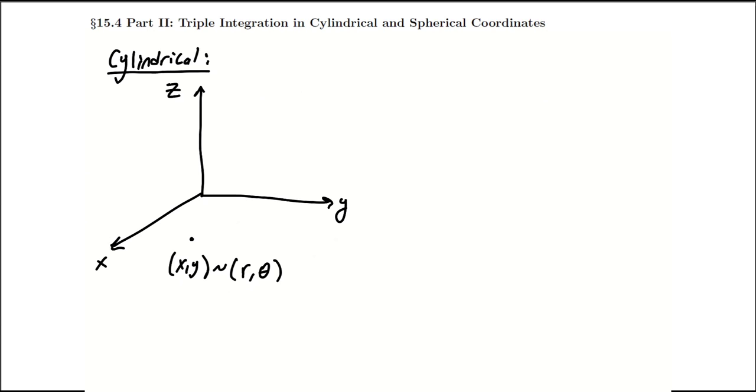So we draw our same kind of picture, but in 3D, there's r, and this angle here is theta. But now, if we're in 3D, we have points that may have a non-zero z value, in which case, let's say we've got a point floating above the xy plane right here. So it's directly above this point. You can think of this point in the xy plane as the shadow of that point.